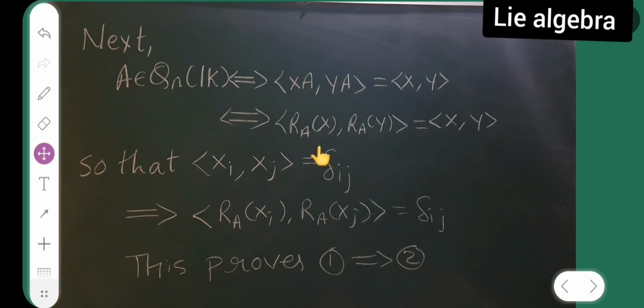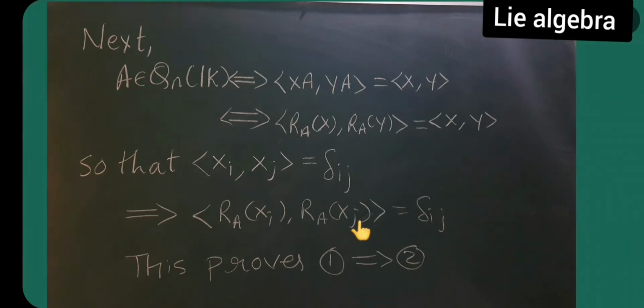So instead of x I will put xi, and instead of y I will put yj, Ra of xi comma Ra of xj, I will write this in terms of xi xj, which is nothing but delta ij, and this proves 1 implies 2.